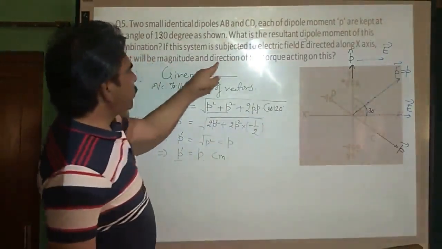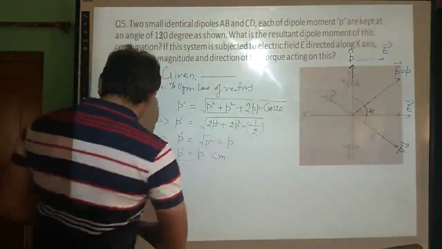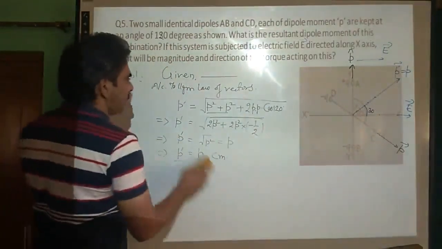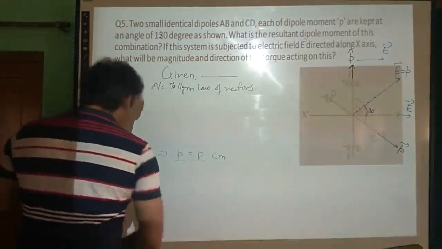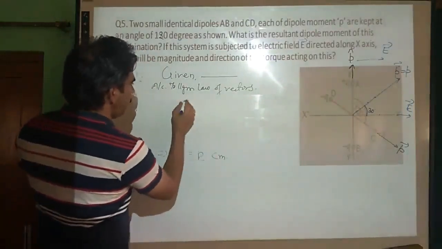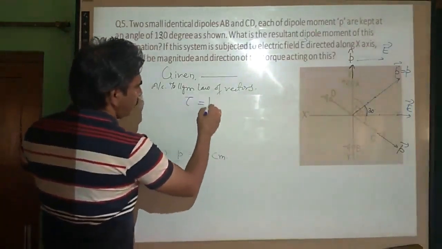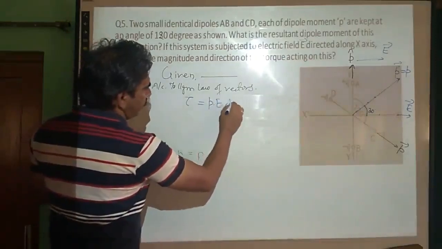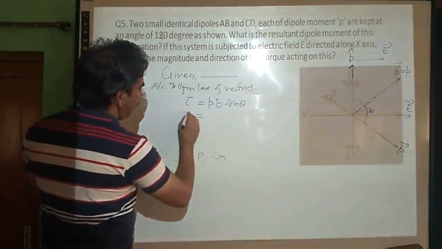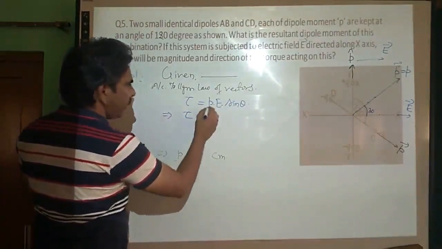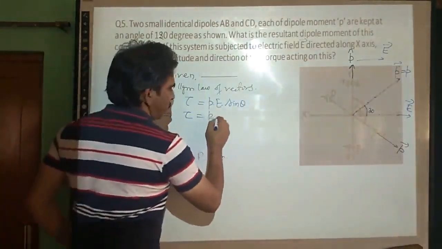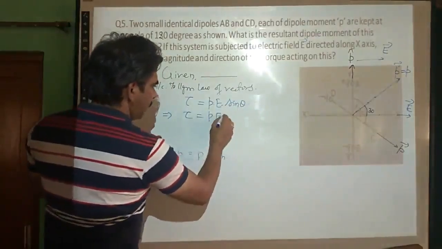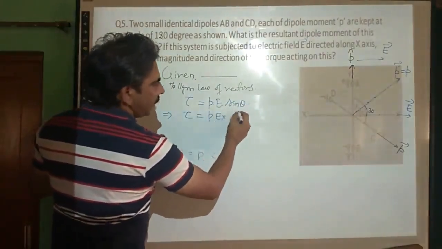What will be the magnitude and direction of the torque? Again we can use the same expression as we have discussed earlier. Magnitude of the torque, tau, is equal to P into E into sine of theta. Here P is given, E is given, and theta here is 30 degree.